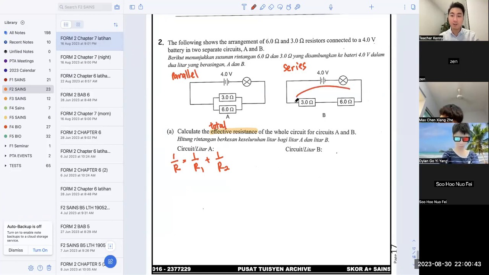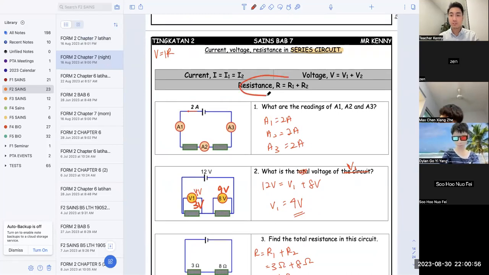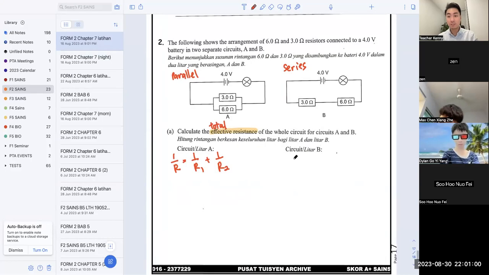What's the formula for a series circuit? Look here. Add the resistances up together, correct? So R equals R1 plus R2. So easy, this one.